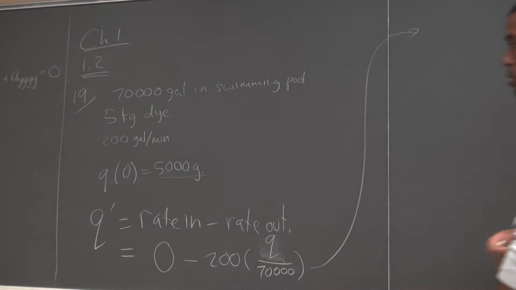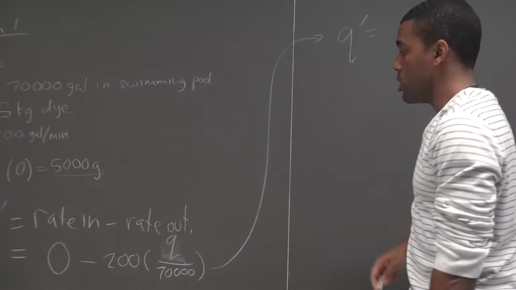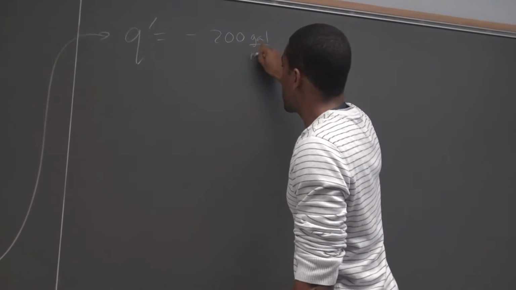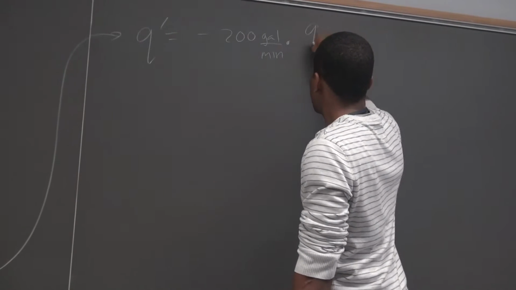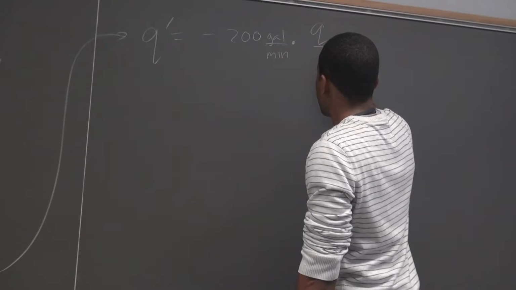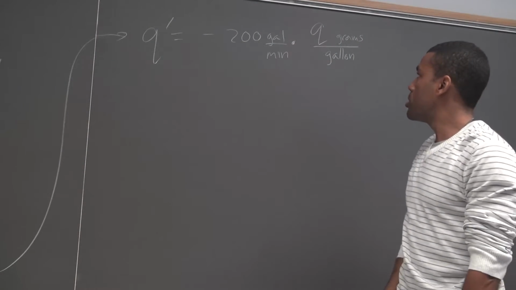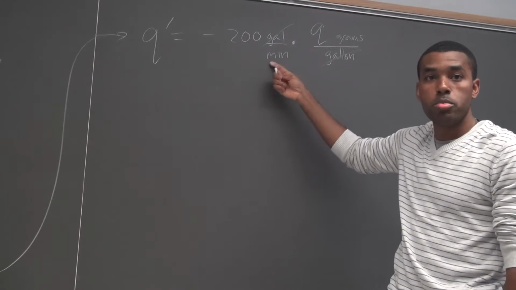Okay. Another way you can see this, to make sure you're doing the right thing, is to look at the units, right? You have 200 gallons per minute times Q grams per gallon, right? So it's going to be grams per minute. Then the gallons cancel, and this tells you how many grams are going out per minute.